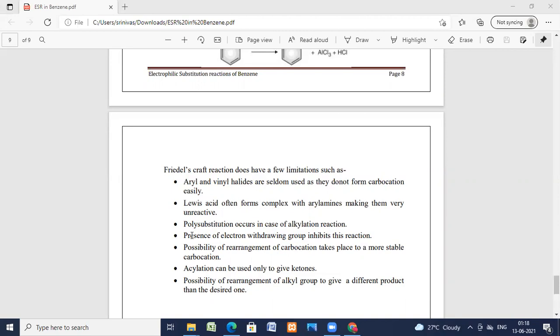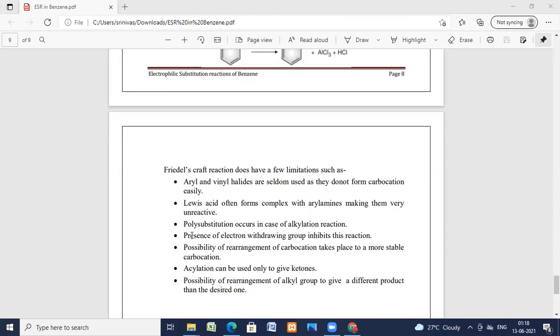In Friedel-Crafts alkylation reactions, rearranged alkyl groups are found in the substituted product. In the Friedel-Crafts reaction, benzene with n-propyl chloride gives isopropyl benzene, but it doesn't give n-propyl benzene.